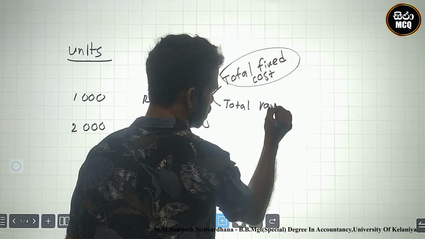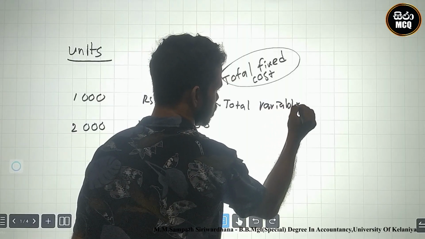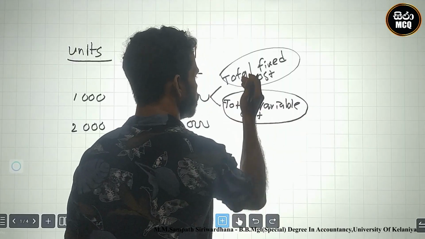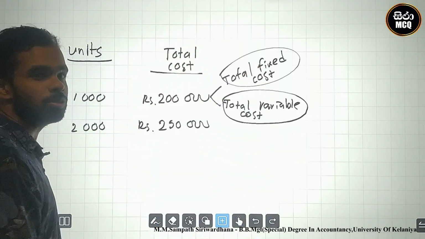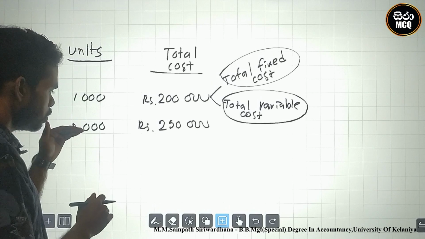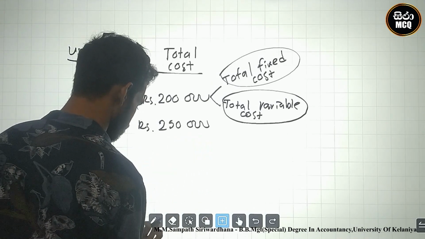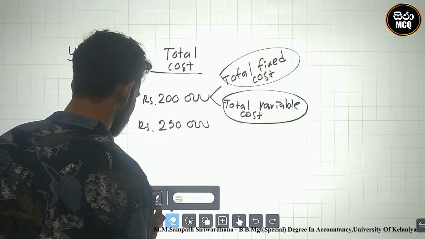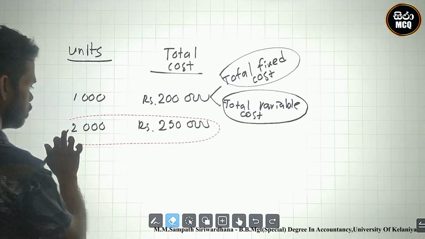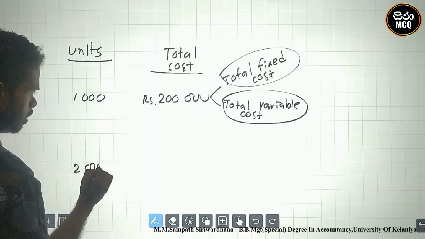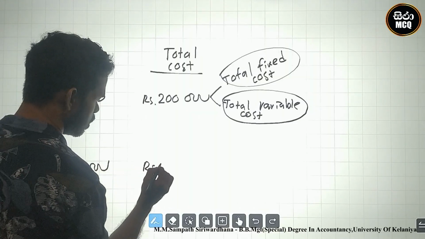Both total variable cost and fixed cost are included in total cost. Therefore, look at the 2000 level.